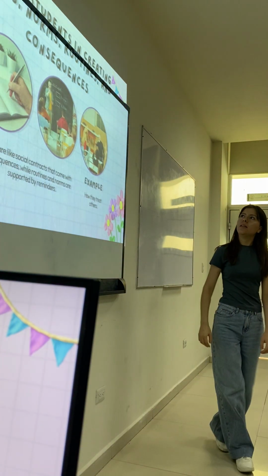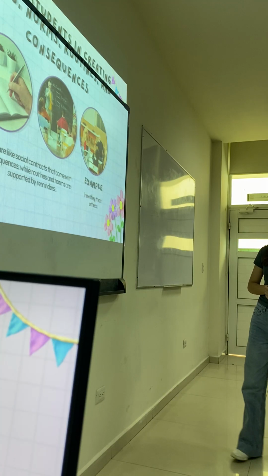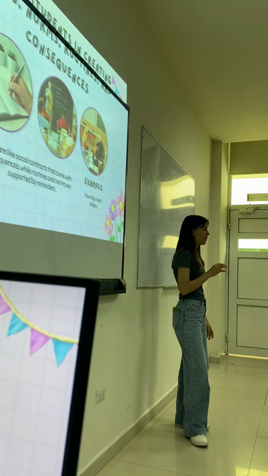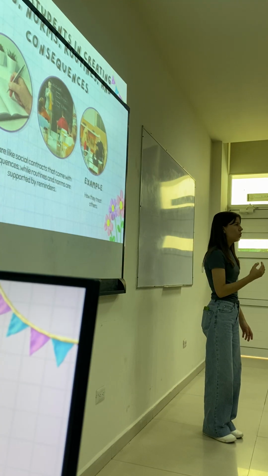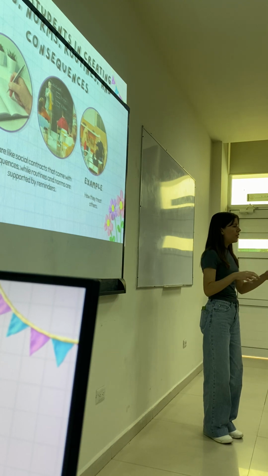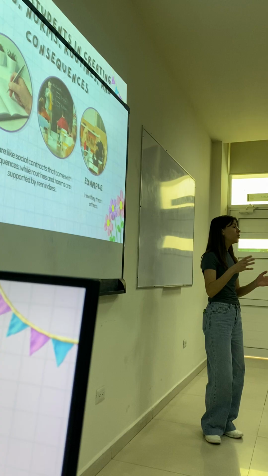Okay, the other one is how to include students in creating rules, norms, routines, and consequences. As you can see, at the beginning of the semester, every teacher tells you what the rules of the class are. For example, you need to come every day because if you don't, you're not going to get a good grade.